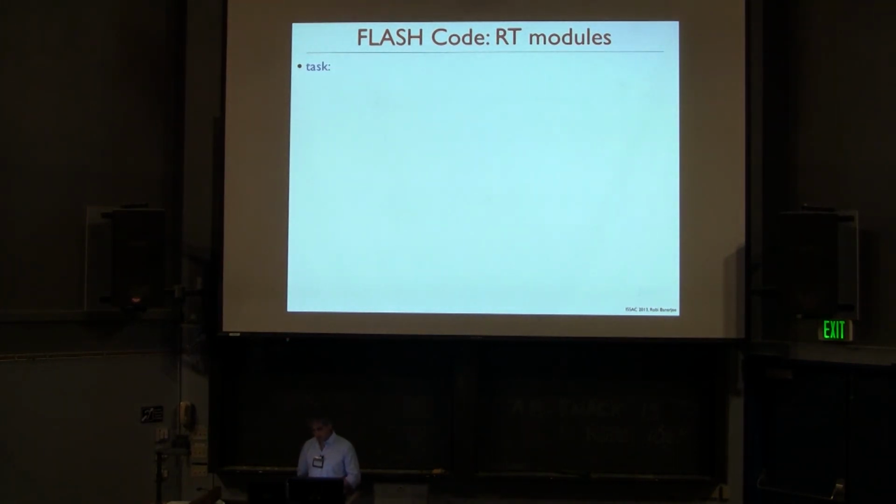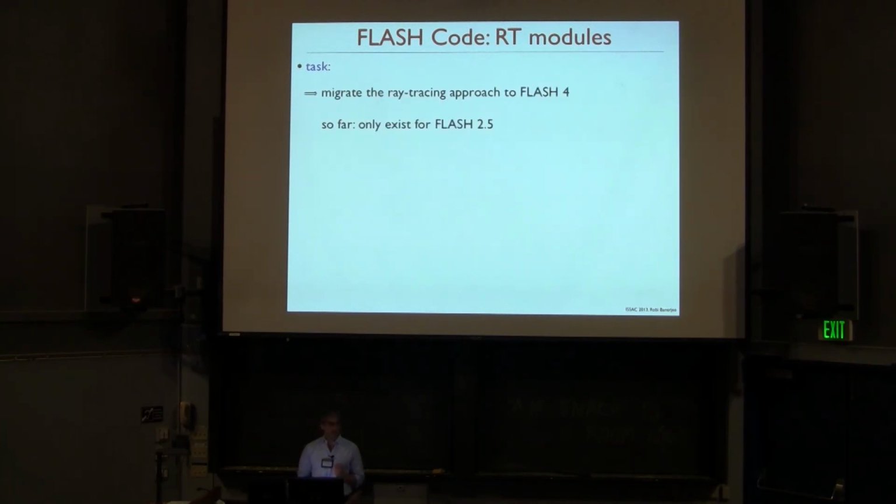Good. I think that's the task for you now, which I can present here. So what you could do is essentially, if you have enough time, you can migrate all this ray trace approach, for instance, from Flash 2.5 to Flash 4. I think in this respect we need a lot of help.